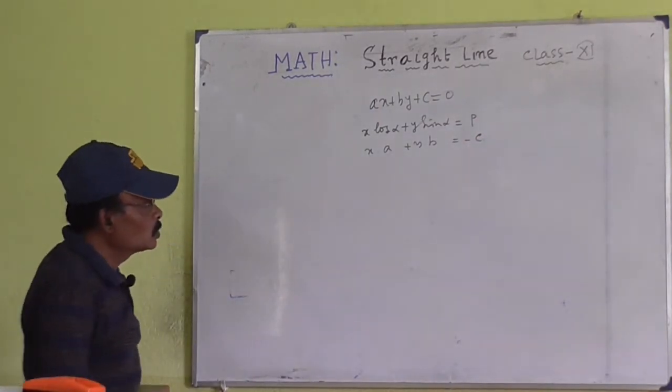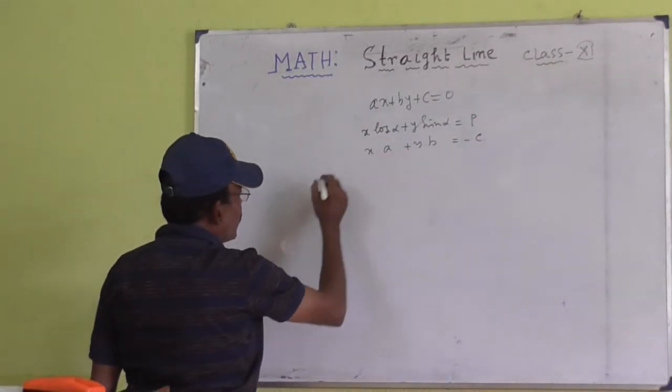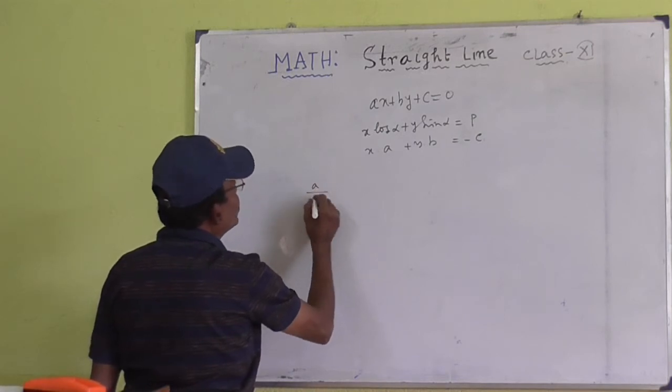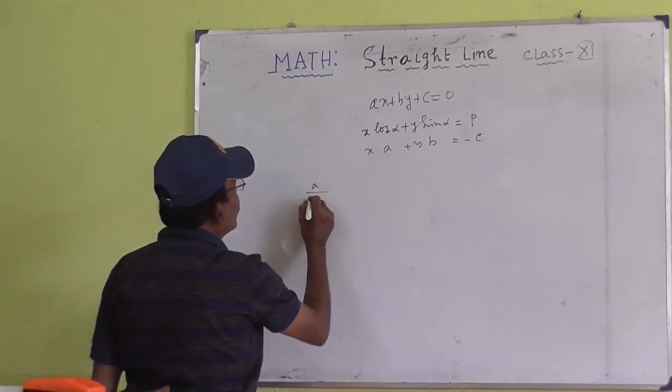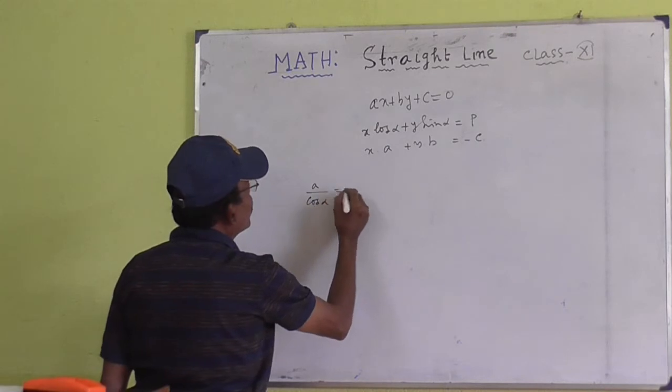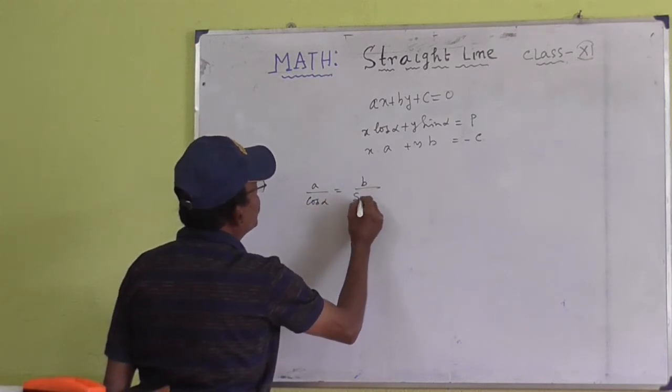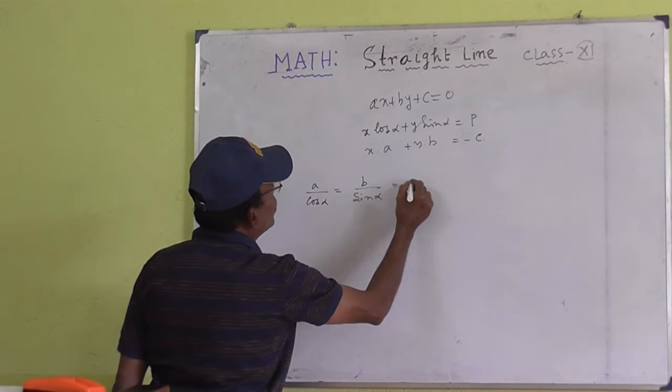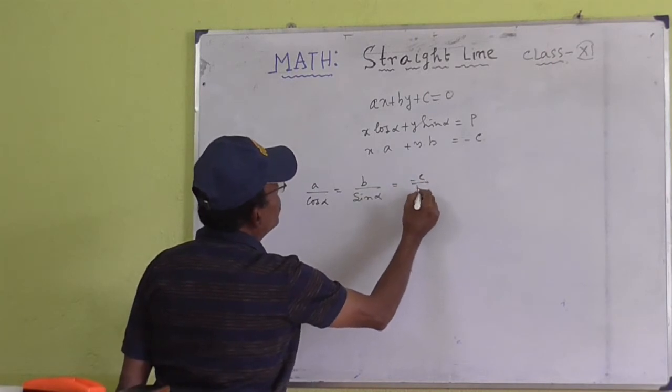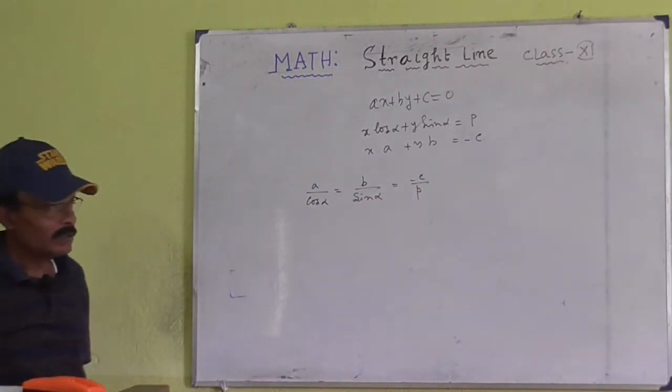So if we compare, we may write that A by cos alpha equals B by sin alpha equals minus C by P. Clear?